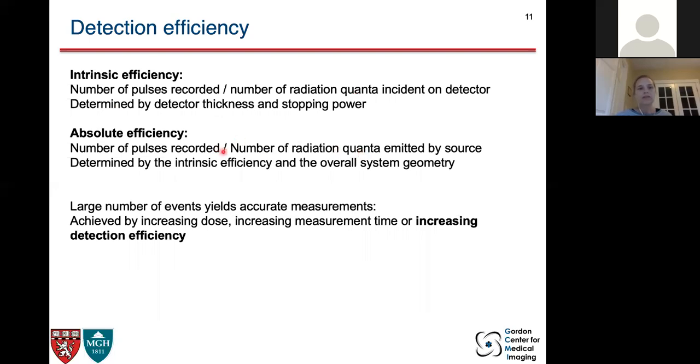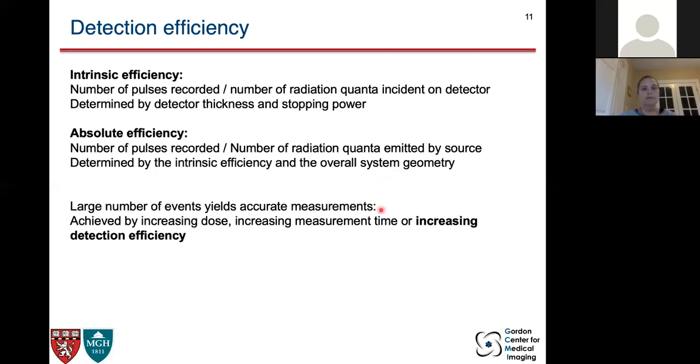So this efficiency is determined both by the intrinsic efficiency of our detector and also by the overall system geometry. So we can imagine that if we have a point source and a very small detector, we will have a very low geometric efficiency. But if we have a point source which is completely surrounded by detectors, we will have a much higher geometric efficiency.